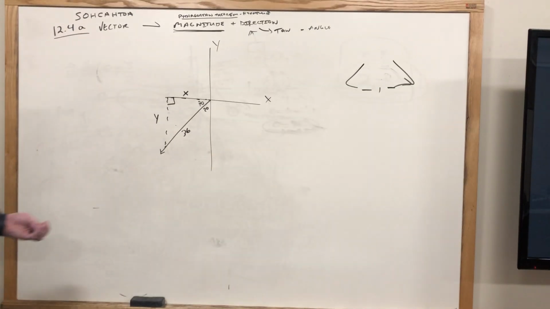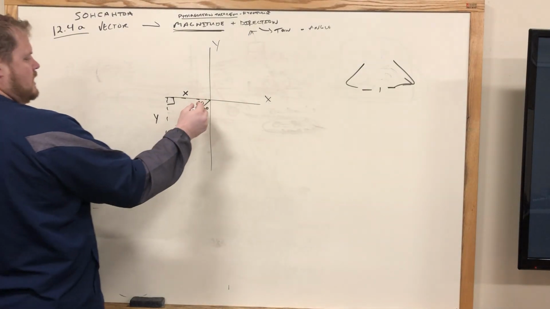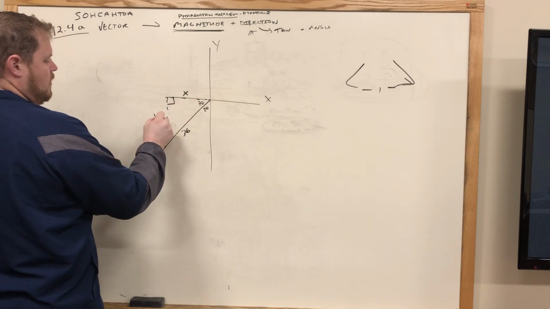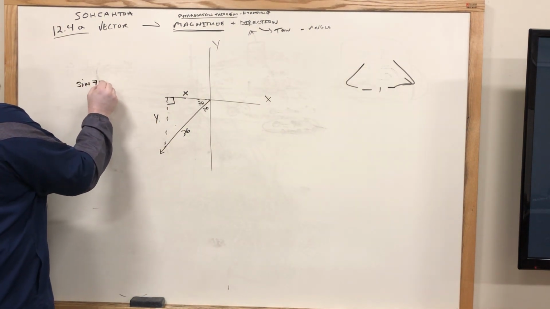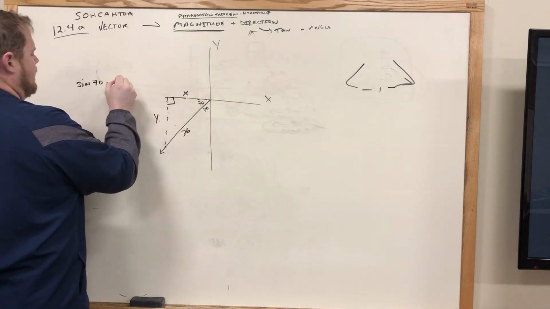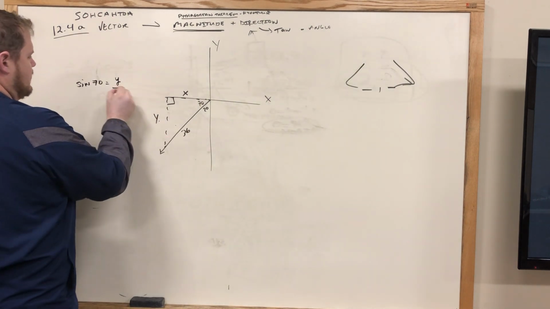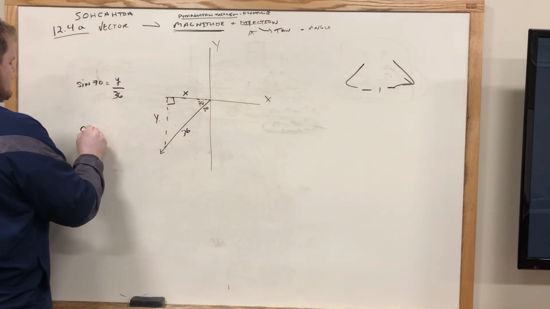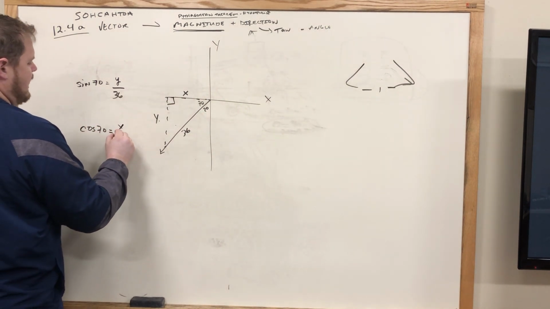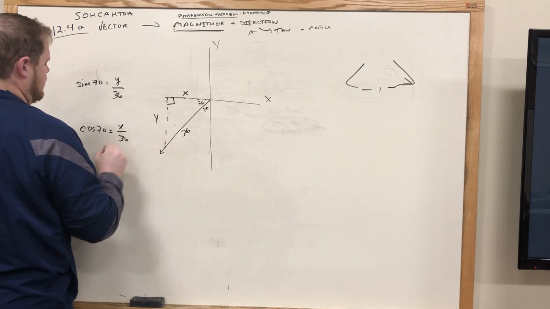So now how do we solve? Well, we're looking for Y. So sine 70 equals Y over 36, opposite over hypotenuse. And cosine 70 equals X over 36.